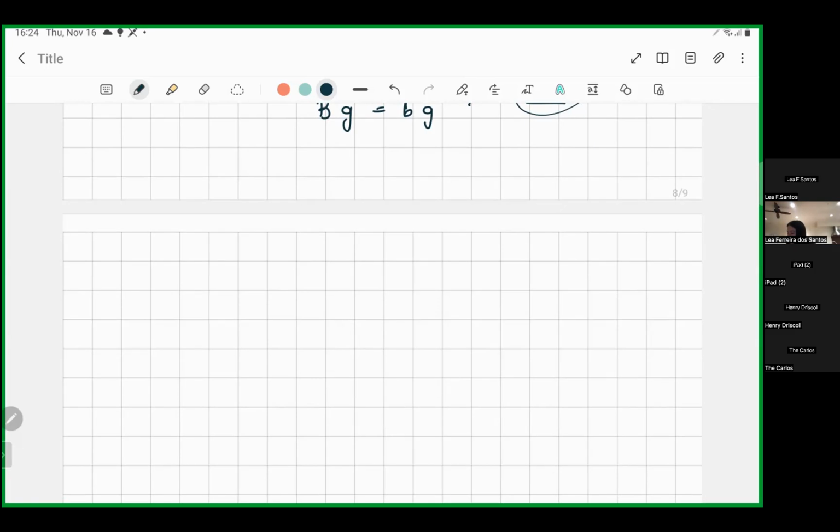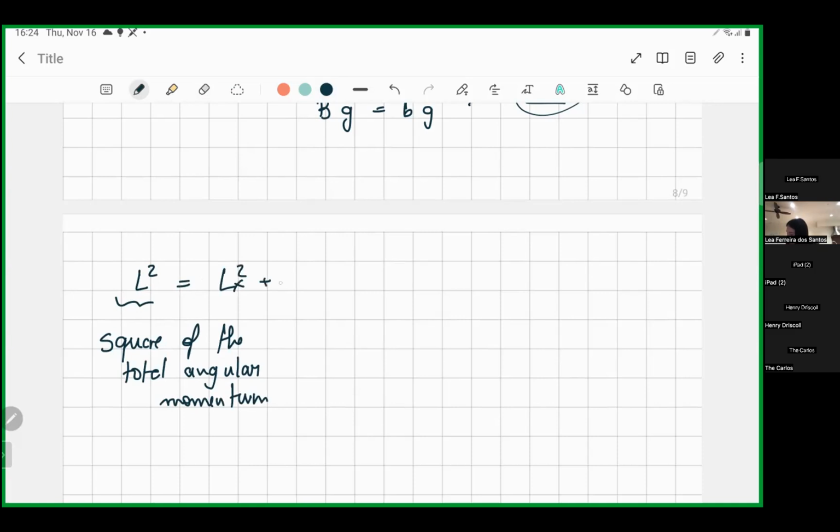And the thing is, if I look at L square, so L square means the square of the total angular momentum, L square is Lx square plus Ly square plus Lz square.